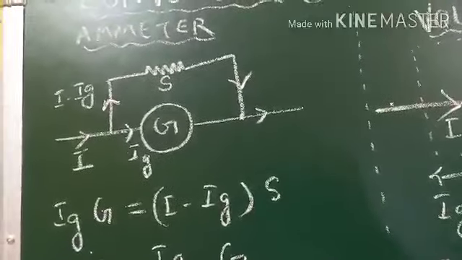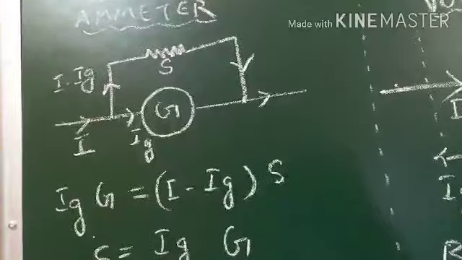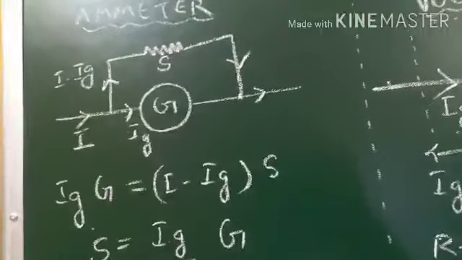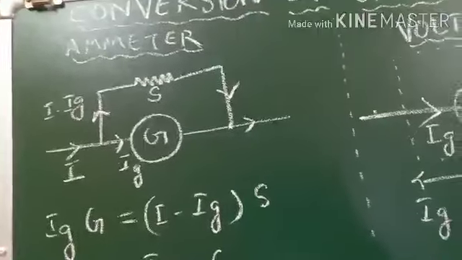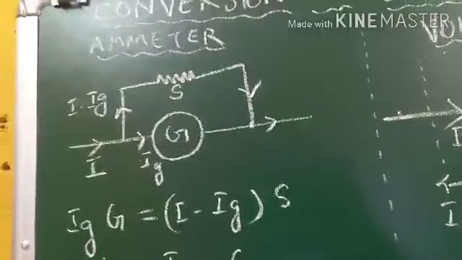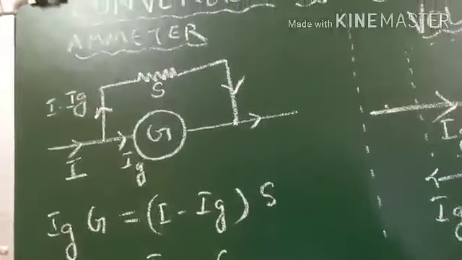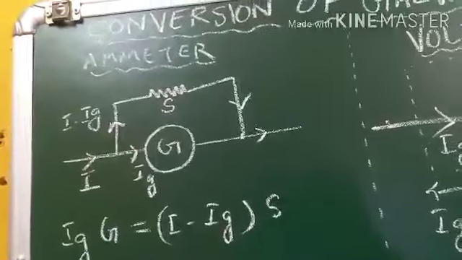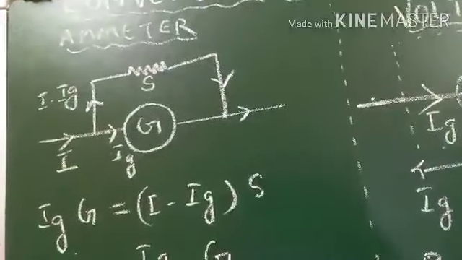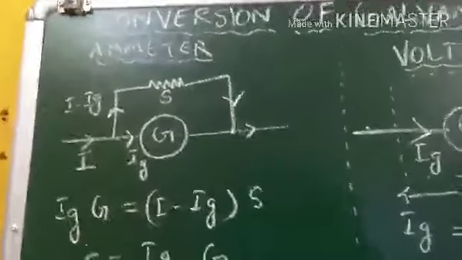So the ammeter should have very low resistance, so that the total resistance in the circuit will not change, and therefore the actual current in the circuit will not vary. So an ammeter is designed to have a very small effective resistance. In fact, the ideal ammeter should have zero resistance.